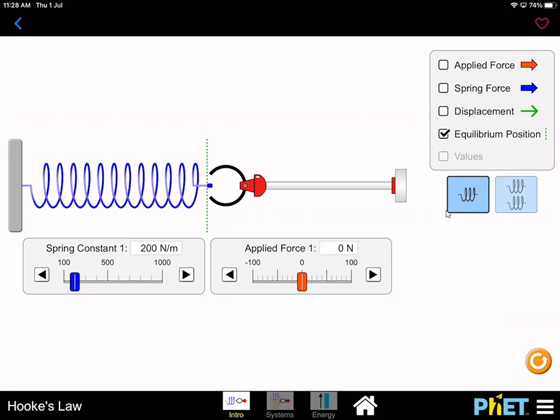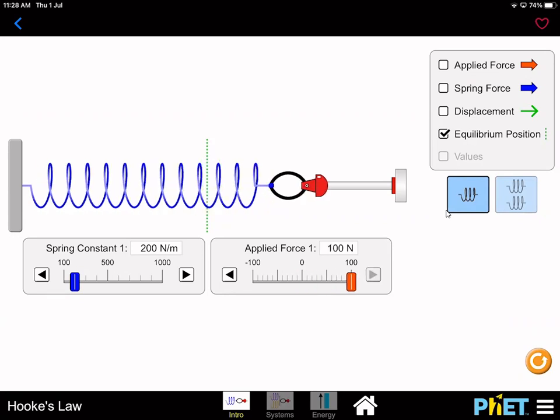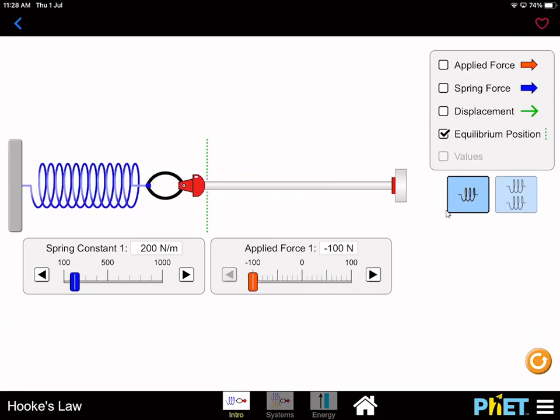So we can think of an extension like this as being positive, and we can think of a compression as being negative. So the x-axis is not extension, it's extension from one point. Correct, from the equilibrium position, 100%.